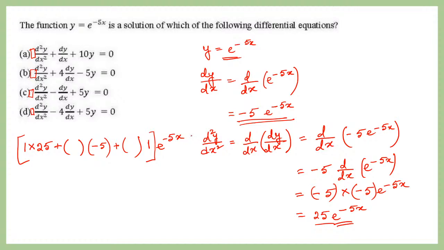If you are confused what I am doing, let me clear it for you. See, in y we have e to the power minus 5x, in dy/dx we have e to the power minus 5x, in d2y/dx2 we have e to the power minus 5x. So first what we are doing is we are taking e to the power minus 5x common from all these three terms, that is from d2y/dx2, dy/dx and y, and that is equal to 0, right?